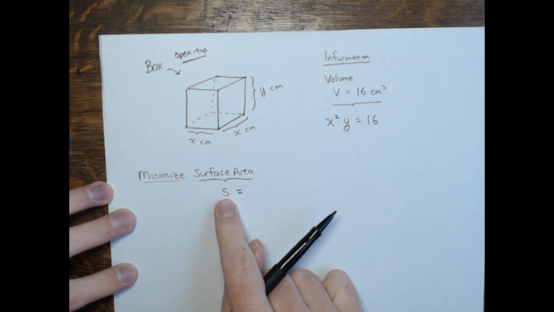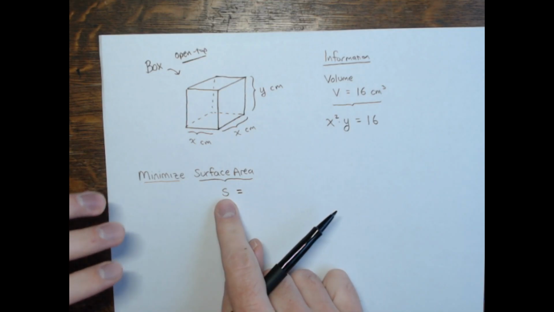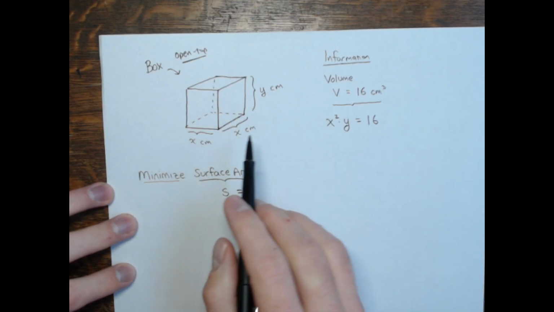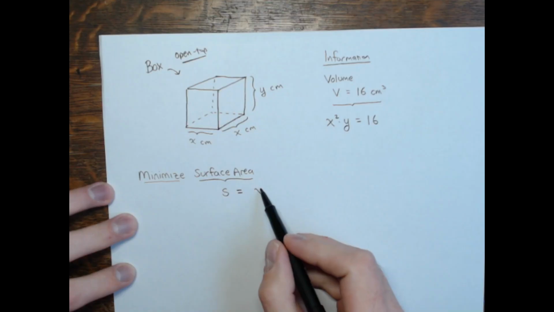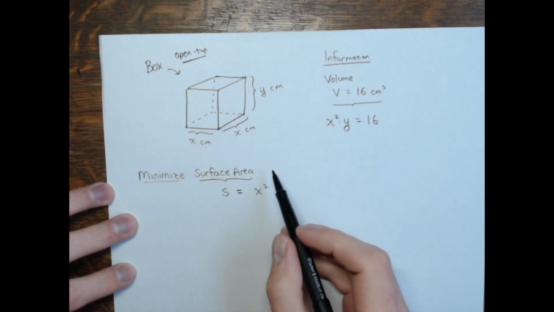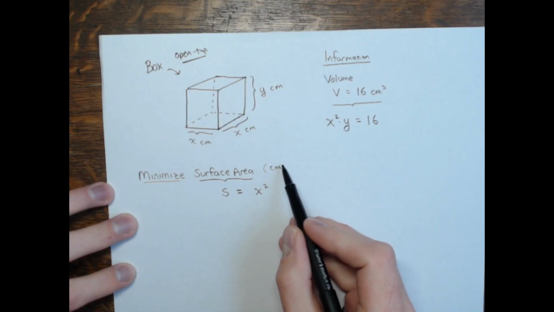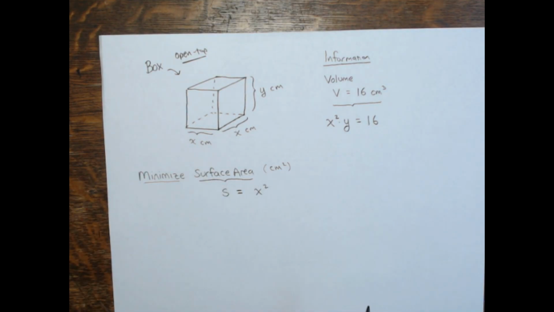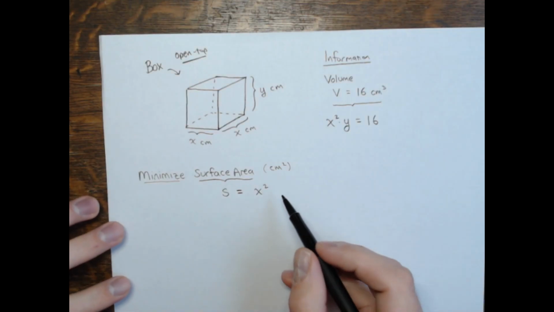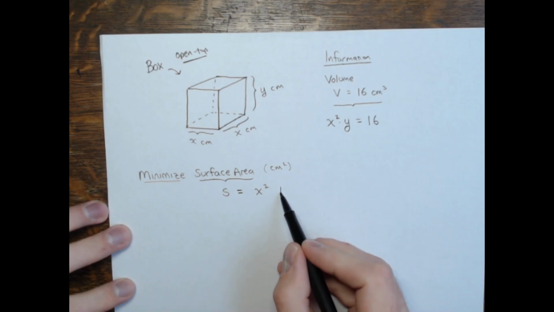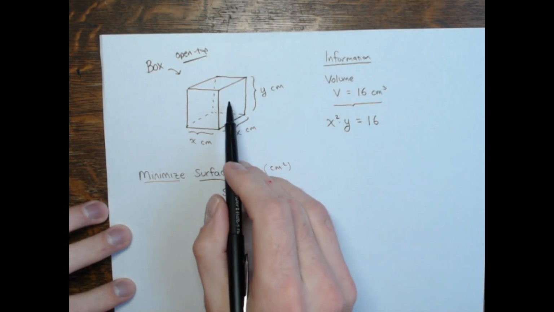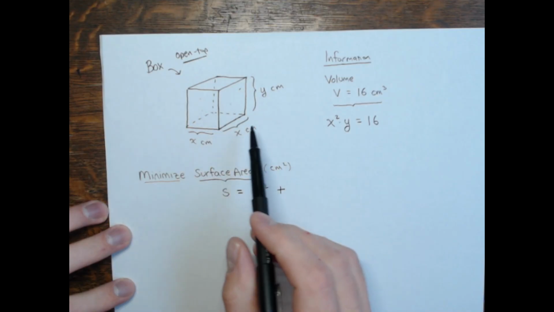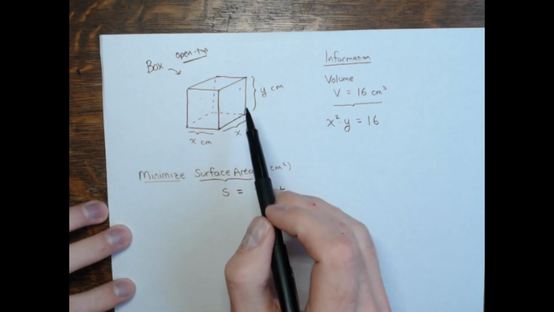So I'm going to write a little formula here that tells me how to calculate the surface area when the dimensions are the letters I have here, x, x, and y. Now the bottom has an area of x squared. That's just a square. And this will be in square centimeters, right? This is an area, so these will all be square units added up. So that's the area of the bottom plus the four faces around, so front, right, back, side, those are all x by y rectangles.